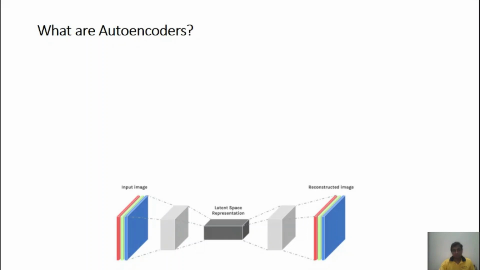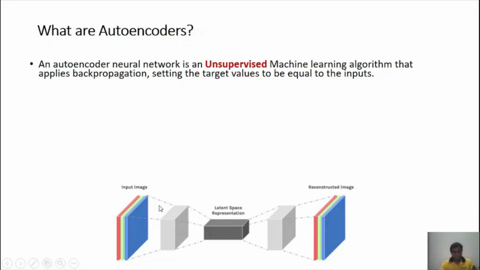Now, what are autoencoders? As you can see in the figure, autoencoders basically convert an input image into its compressed representation. So you have an artificial neural network which converts an input that is given to it into its latent space representation.